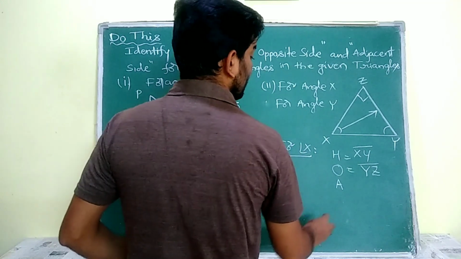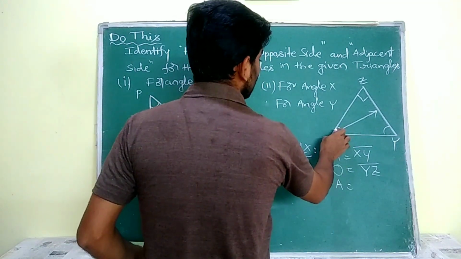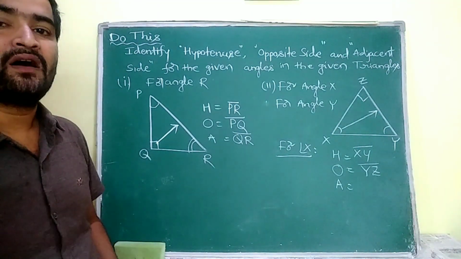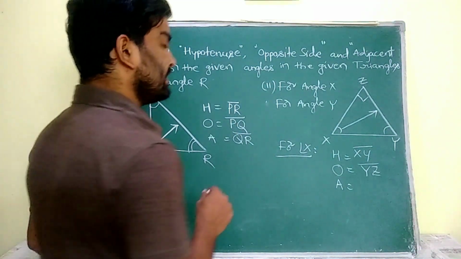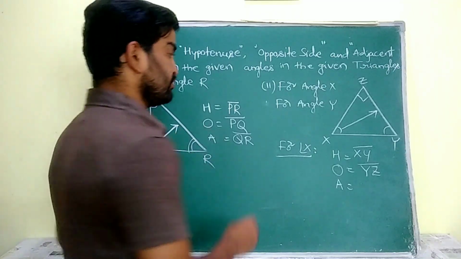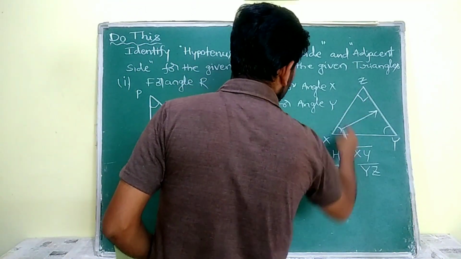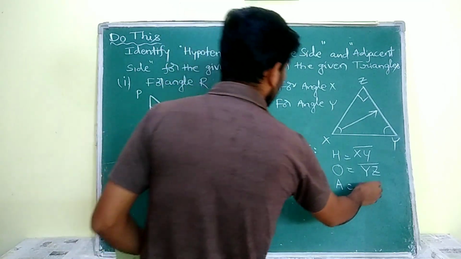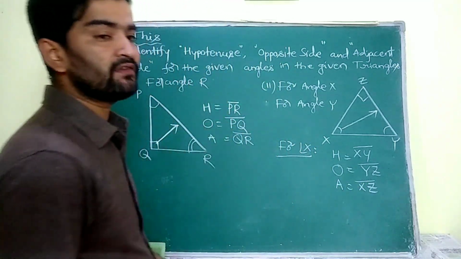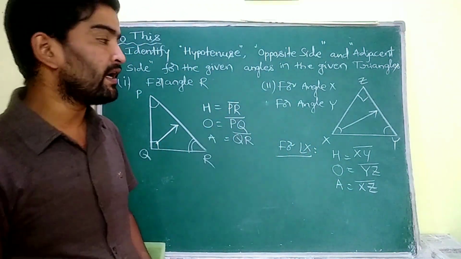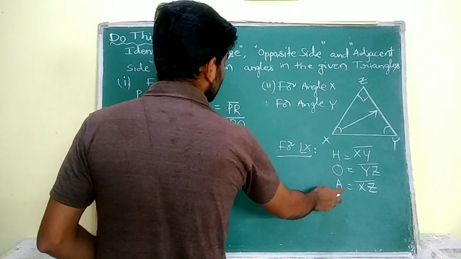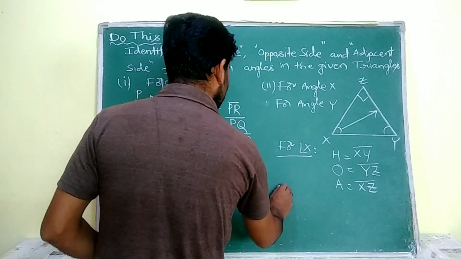The adjacent side to this X: we know that the angle always lies on the side, never on the hypotenuse. So this X lies on XZ. That means the adjacent side to angle X is XZ. Hypotenuse never can be the adjacent side. So these are the hypotenuse, opposite side and adjacent side of angle X.